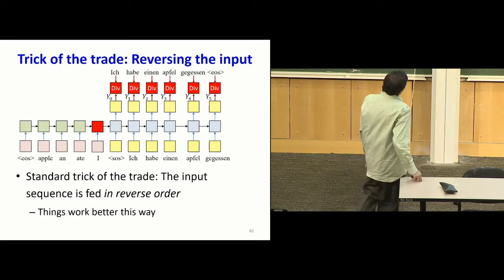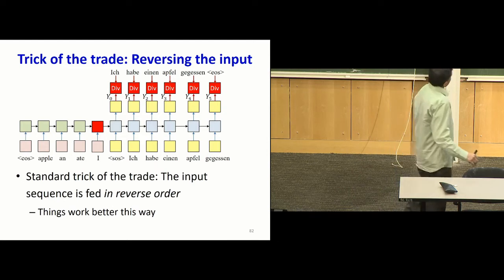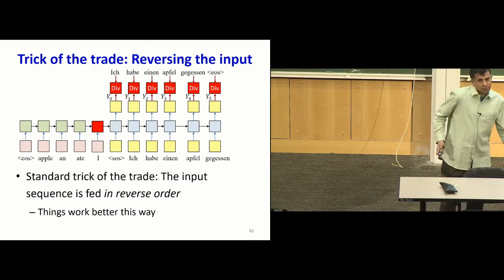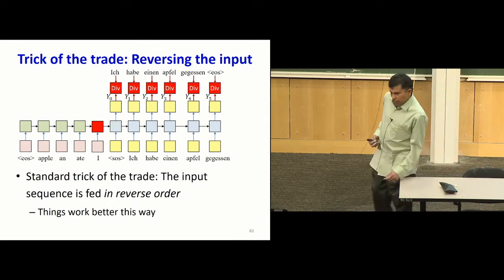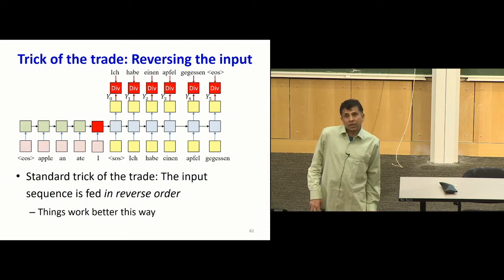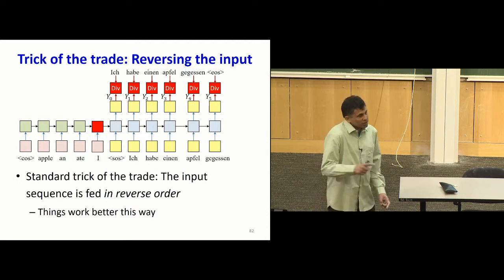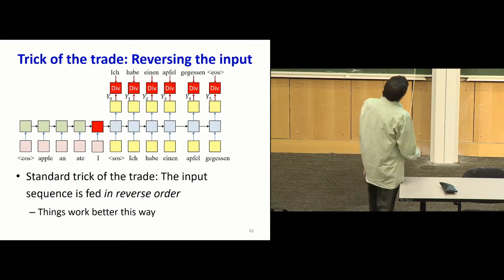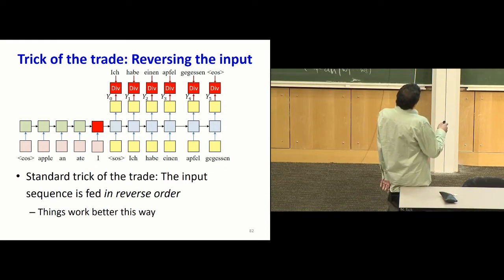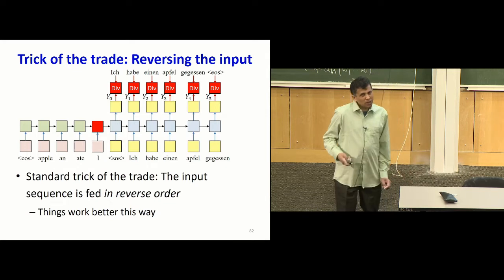There's a common trick that's applied here. There are several tricks, but one of the most common is to reverse the order of the input. That's because the first word in the input is often most closely related to the first word in the output. So when you provide the input in reverse order, starting with the end of sequence symbol going back to the first word, and then use the corresponding hidden representation to produce the output, things seem to work somewhat better.